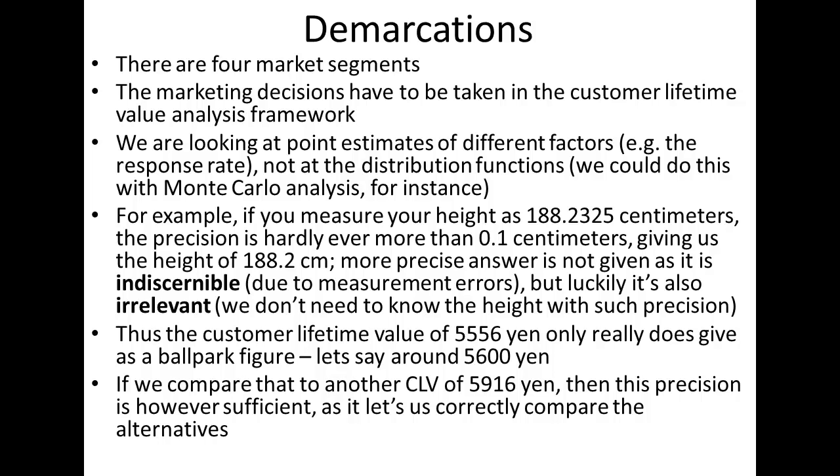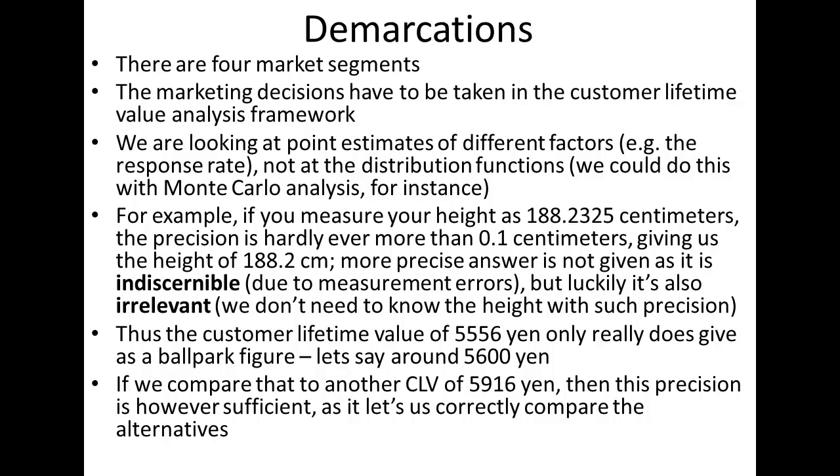We are, however, looking at point estimates of different factors. So, for instance, the response rate. If we throw that gala event for the elite baseball players to join our club, we have given a single point estimate, like 25% of them will be joining our club.